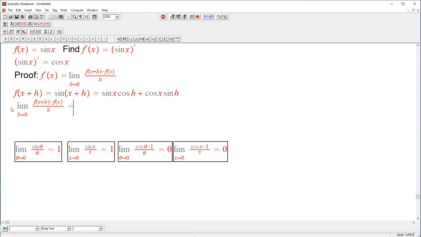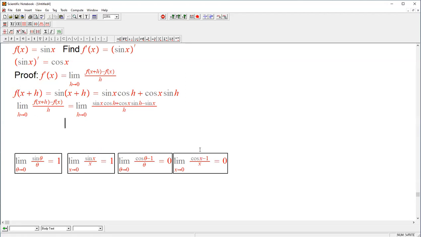So please have a piece of paper with you, paper, pencil, and derive it along my side. We're going to replace f of x plus h, which is sine of x plus h, subtracting f of x, which is sine x. Okay, then what do we do?